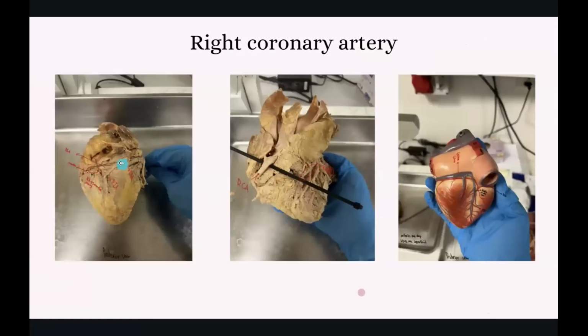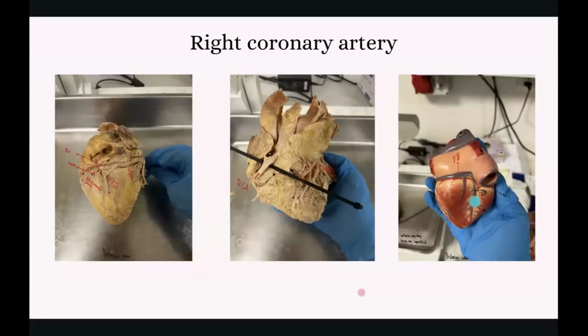It runs along here, and then it gives off the PIA. This is the branch that it gives off, and it goes in the interventricular septum and just descends downwards. So it's the posterior interventricular artery, or the posterior descending artery. And the right coronary artery continues here, and then here is an anastomosis that I'm going to talk to you guys about later when we discuss the left coronary artery.